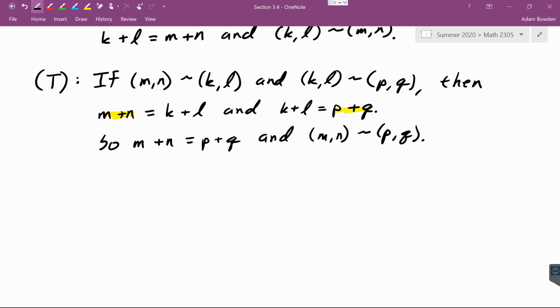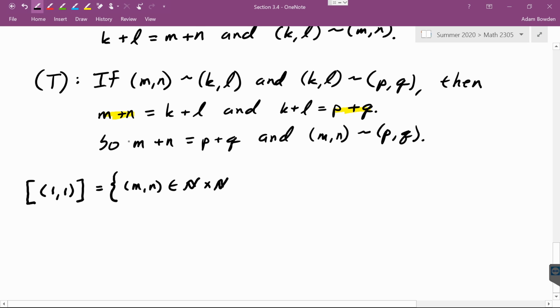Now let's discuss the so-called equivalence classes. For instance, we could talk about the equivalence class for 1, 1. By the definition of equivalence classes, this is the set of all ordered pairs m, comma n, in the natural numbers cross the natural numbers, such that 1, comma 1 relates to m, comma n.